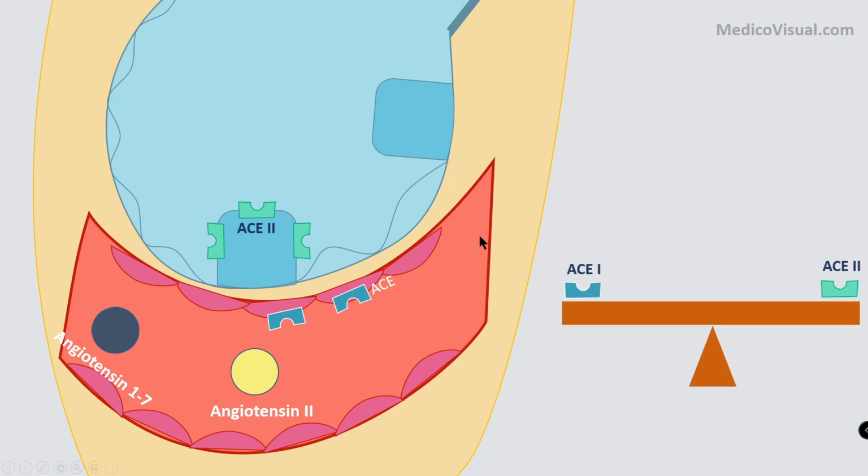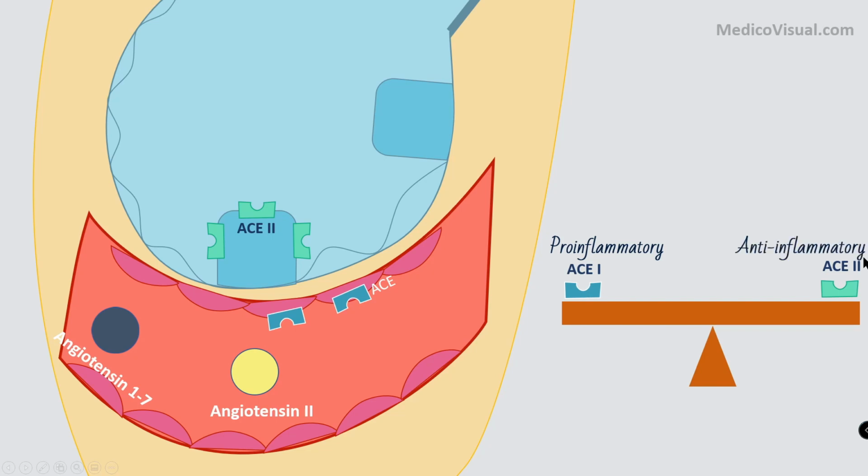So what will happen? As I told you from this discussion, ACE1 receptors are pro-inflammatory. Why? Because they generate angiotensin 2, which causes increased vascular leakiness, recruits more immune cells and activates more immune cells. So it is pro-inflammatory, while ACE2 inactivates angiotensin 2, so it is anti-inflammatory.